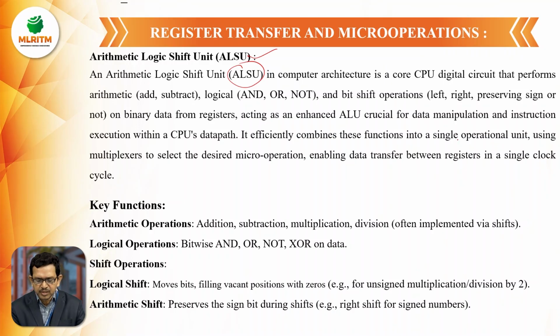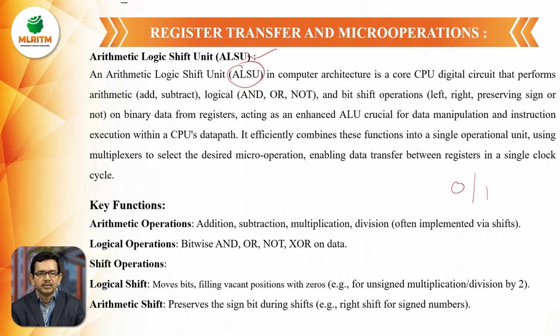Likewise, for the efficiency of the functions, a single operational unit using multiplexers selects the different types of micro operations. After selecting these micro operations, the data transfer between the registers is done by a single clock. Whenever we execute an operation in a register, the register should be controlled by a timing clock or signal, that is 1 and 0.